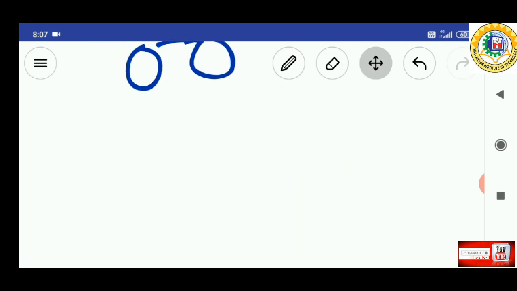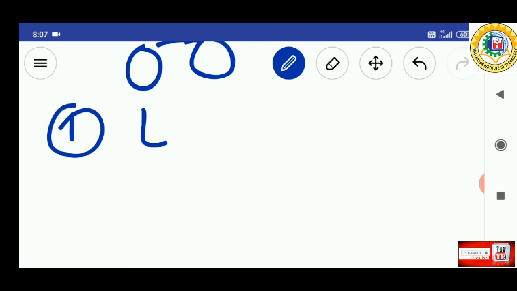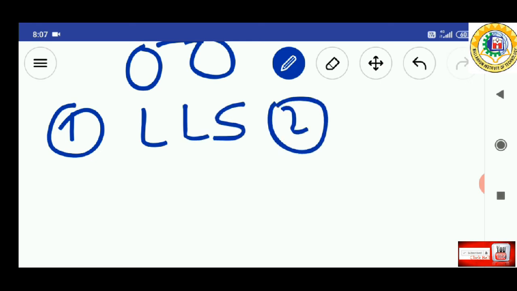So till now we have studied three operations. First is the logical left shift, which is also the same as the arithmetic left shift.